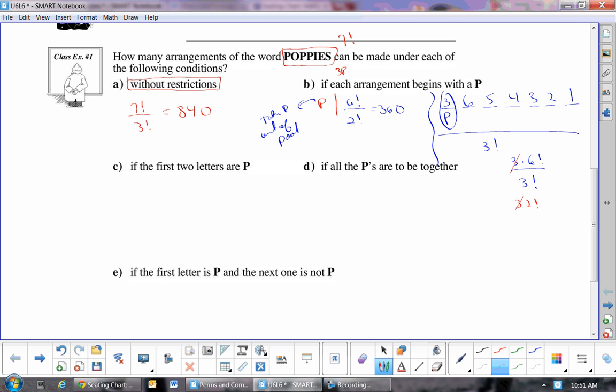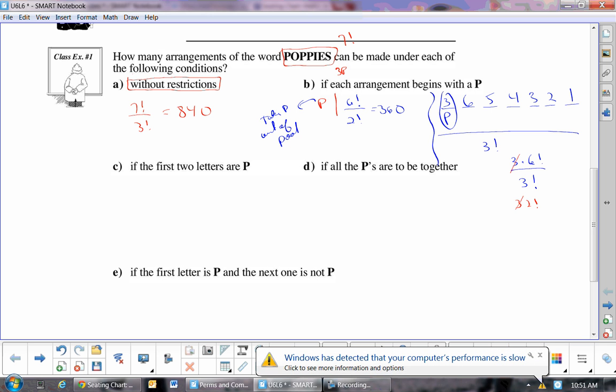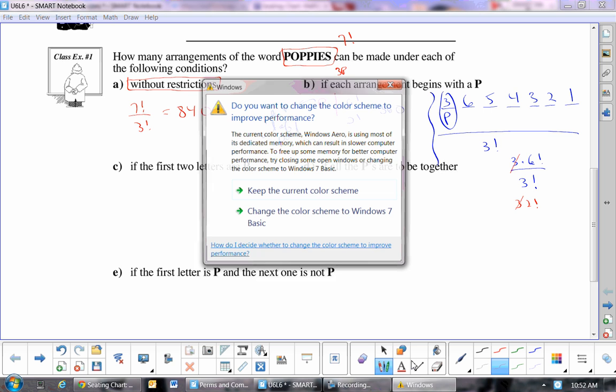But if you did yours 3 ways to show this, you can say, I think you're thinking that the P's could go anywhere. Because that's the thing, you know how we took them as a group? Only take them as a group if they're allowed to move everywhere.